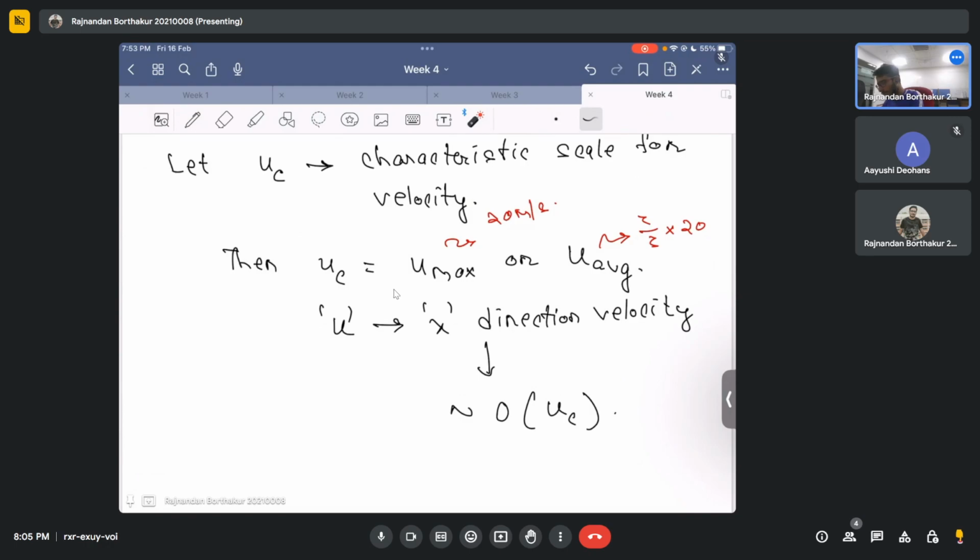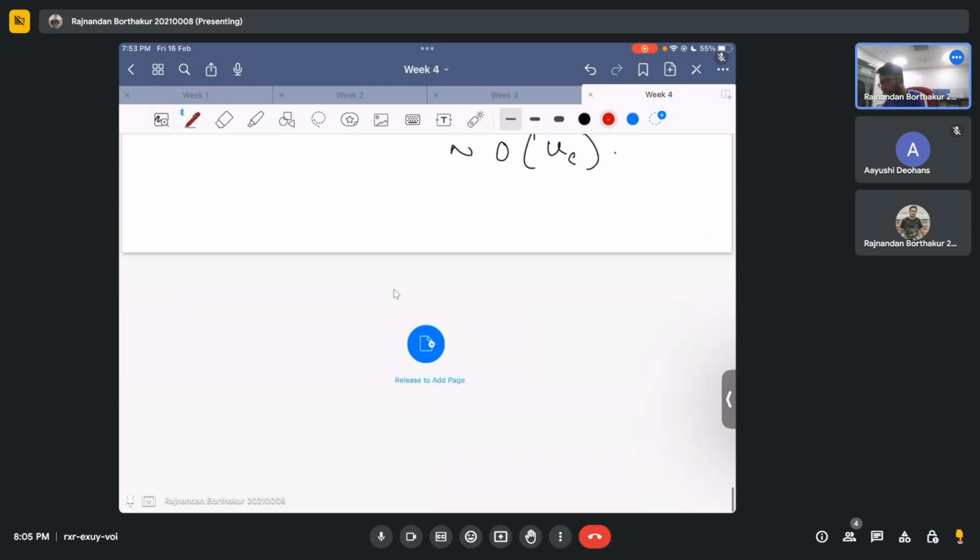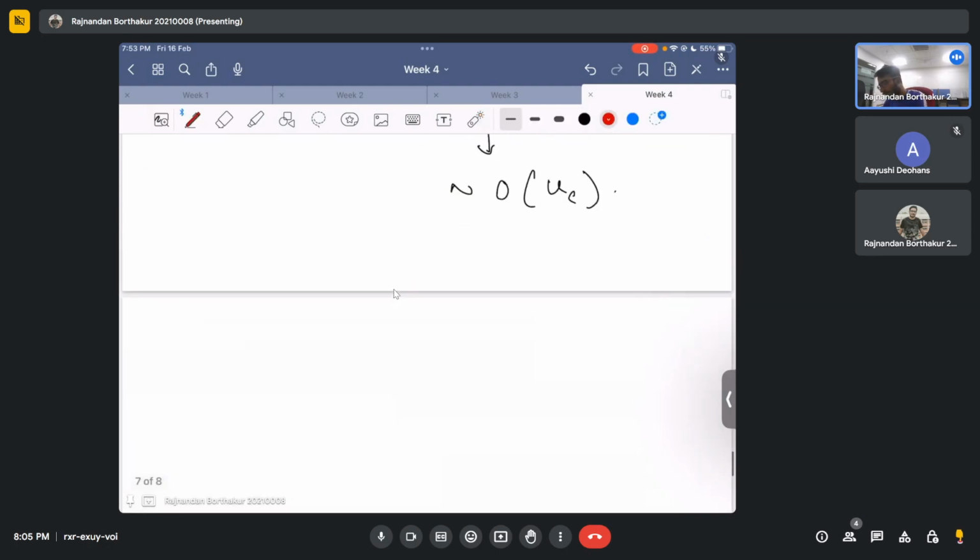Now let's look at something else. We have seen how the characteristic scales of velocity look. Let us now see length scales.